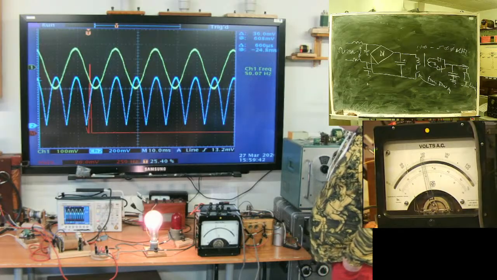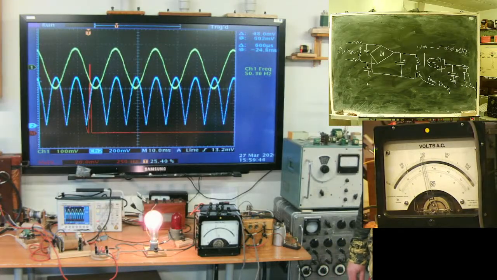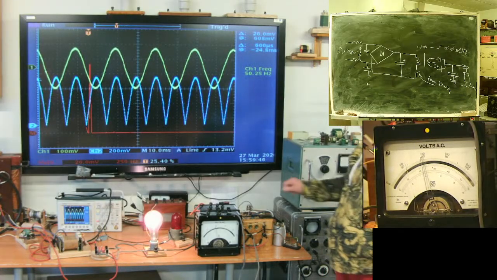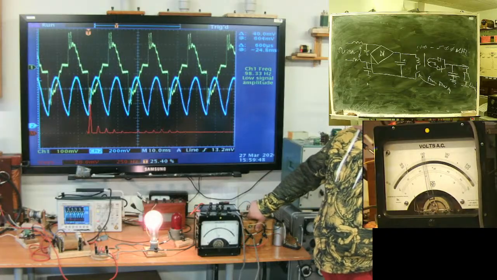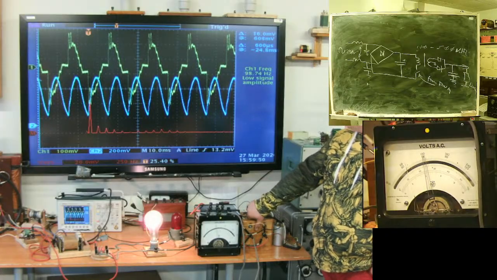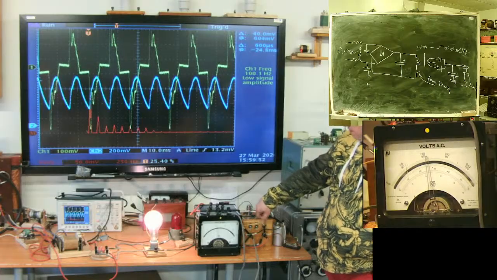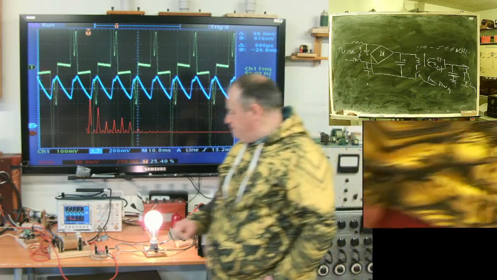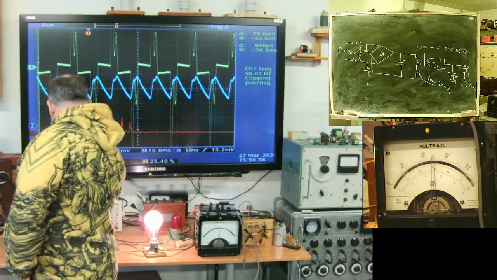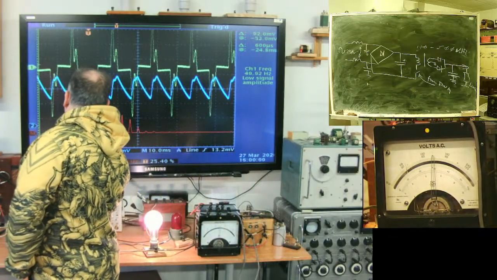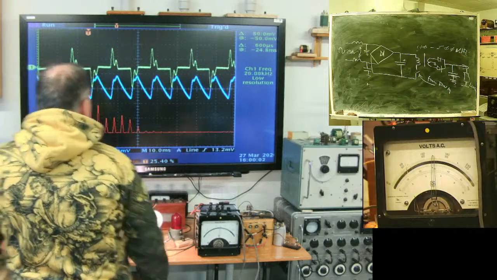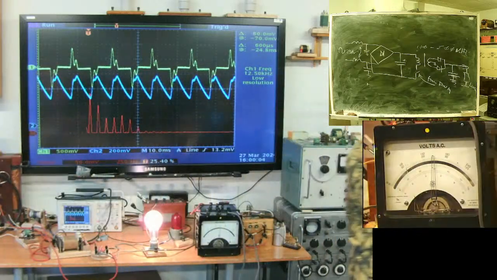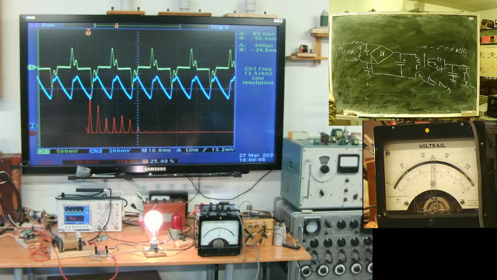Power directly from the network without a transformer. 20 microfarad, 30, 8. I don't have sufficient capacity.